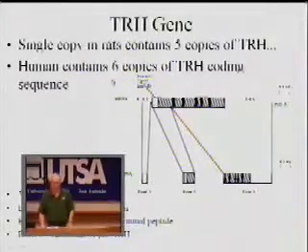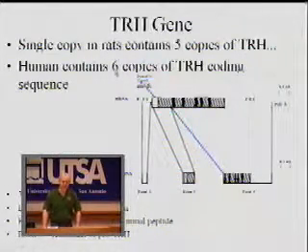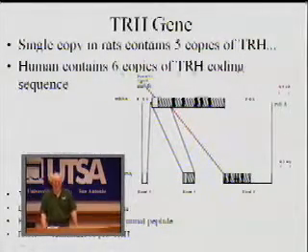This slide is showing us a view of the TRH gene, and there is a single copy in rats that contains 5 copies of TRH. In humans, the single gene contains 6 copies of the TRH coding sequence.